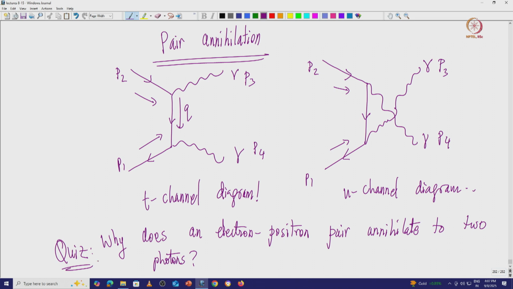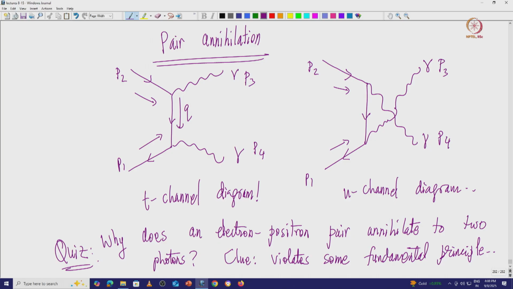So think about it. Clue: let me know what is the fundamental principle which is being violated when an electron and a positron annihilate.